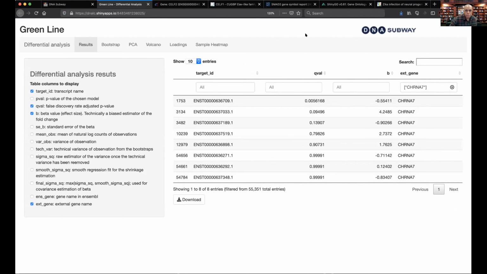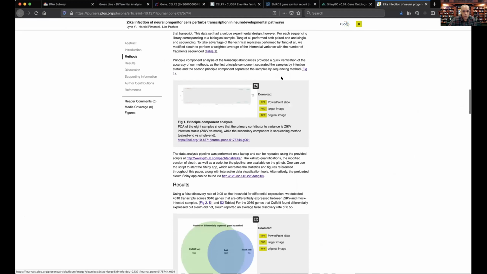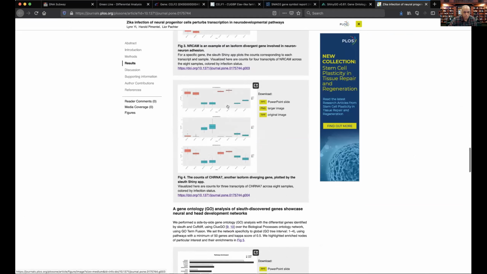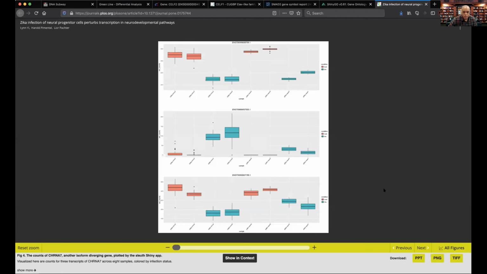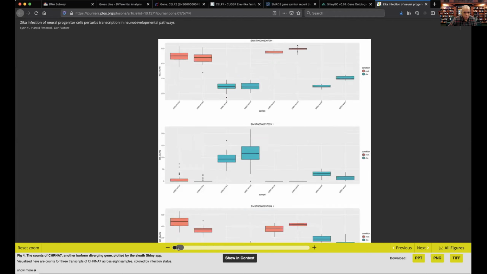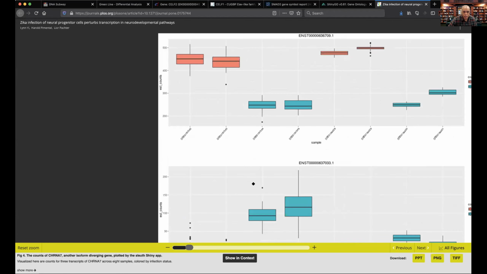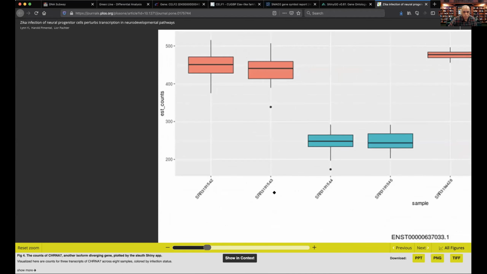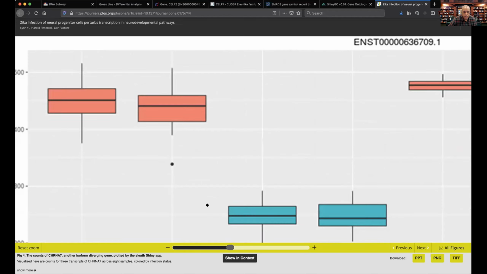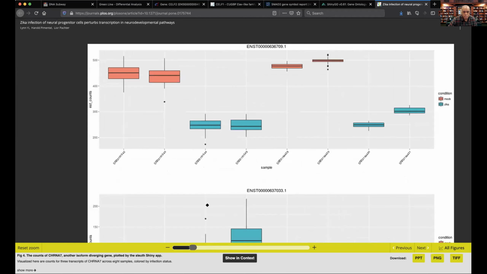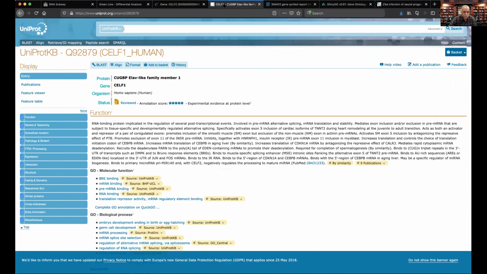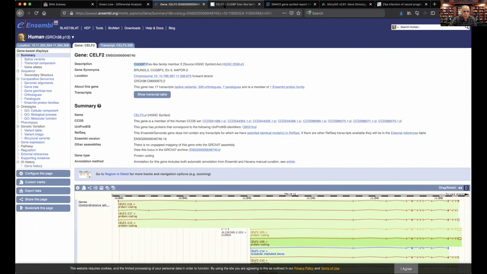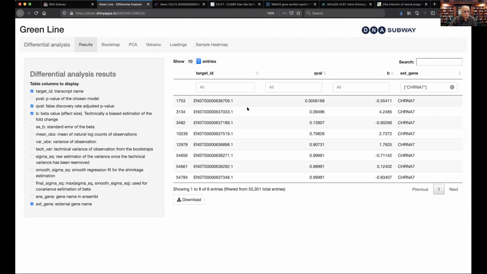And if we look in the paper, there's a figure here where they talk about that. So here's a transcript, and one of the things that we see here is that in the mock sample, it's more highly expressed, and in the Zika sample, it is less highly expressed. So this is 709.1 transcript, and do we see that? It's this one.